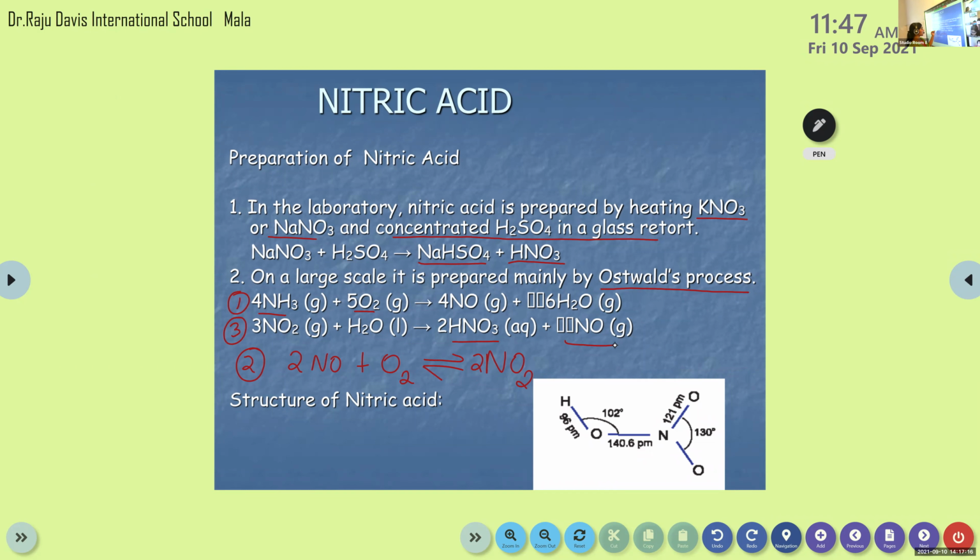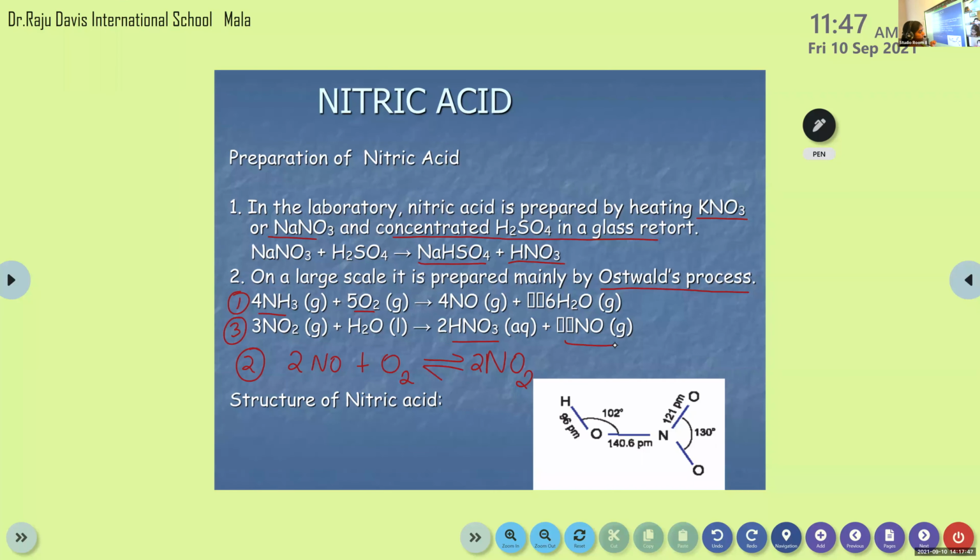Then nitrogen dioxide reacts with water molecule to form nitric acid and nitric oxide. This nitric oxide again goes to the second step for the formation of nitrogen dioxide. So the large scale production of nitric acid is known as the Ostwald process. In the case of ammonia, it is known as Haber's process.